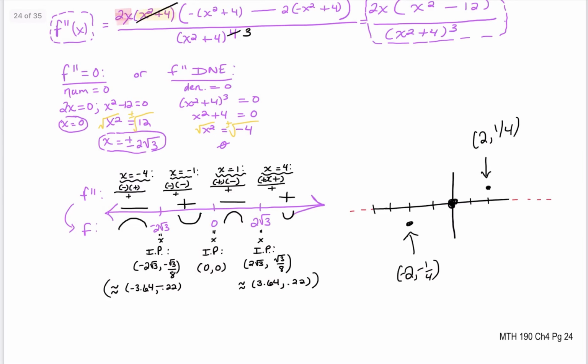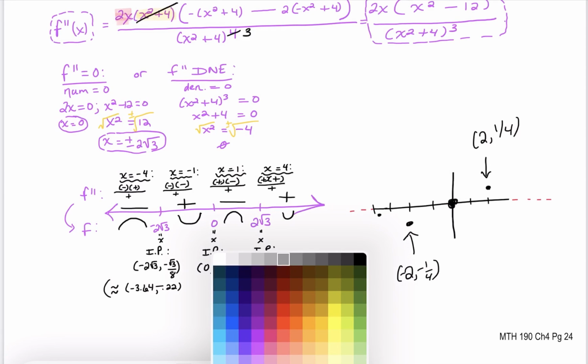All right, so at -3.64 and approximately -0.22, that is going to be an inflection point. And so our graph actually starts, and maybe I'll do it in a slightly different color, let's just do it in gray.